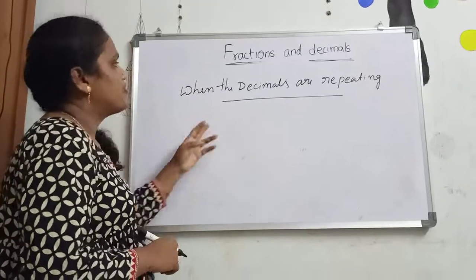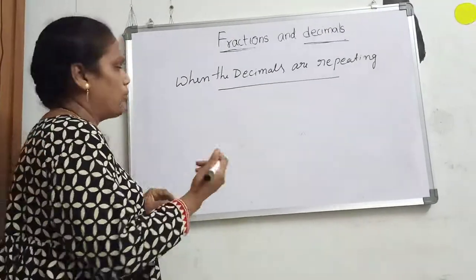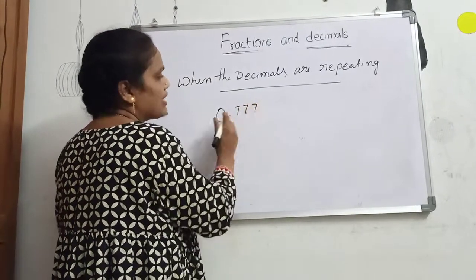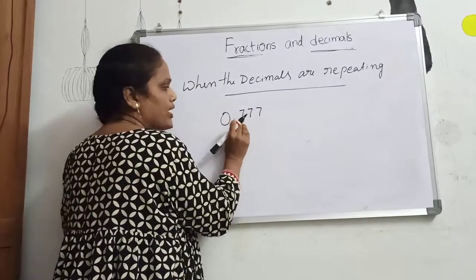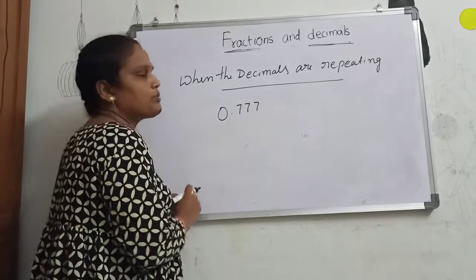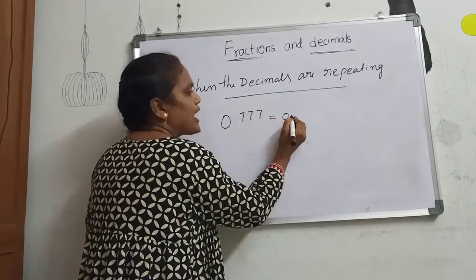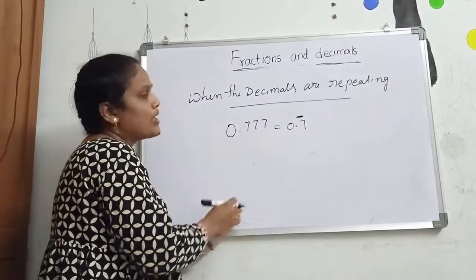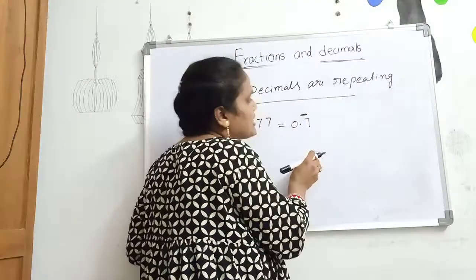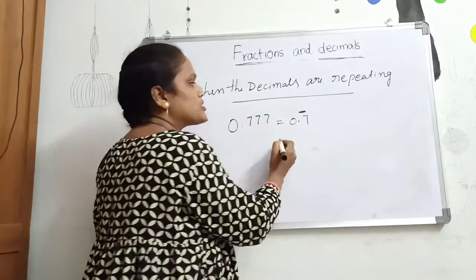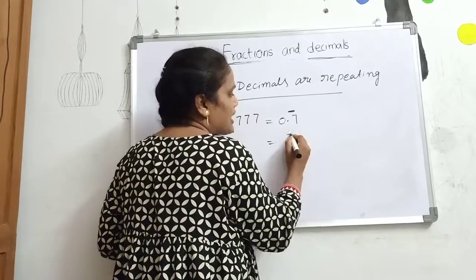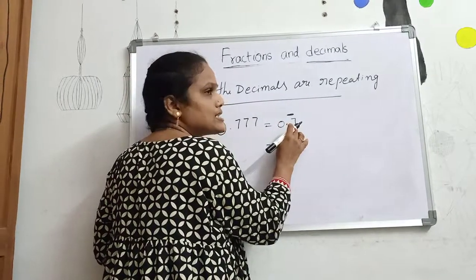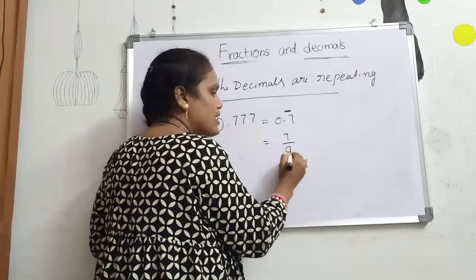Yes, when the decimals are repeating, what is it? For example, 0.777, like this, the same number is repeating after the point. We already write 0.7 with a bar. To convert this into a fraction, write 7 in the numerator, and in the denominator put 9.